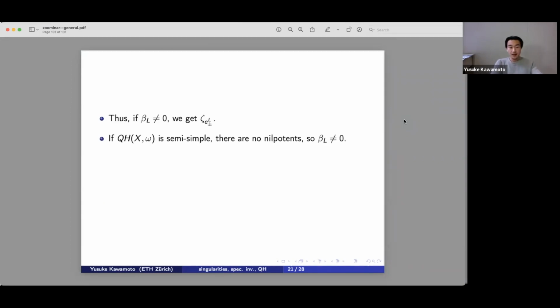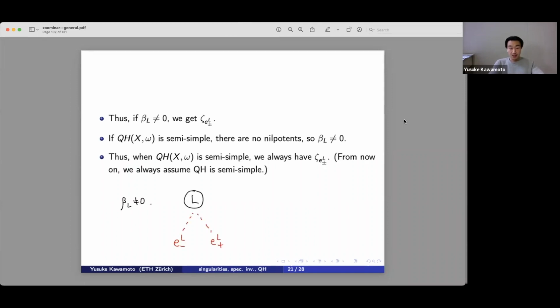And if we assume that the quantum cohomology is semisimple, then it means that there's no nilpotence. So this would automatically imply that this coefficient that we have is non-zero. Okay.